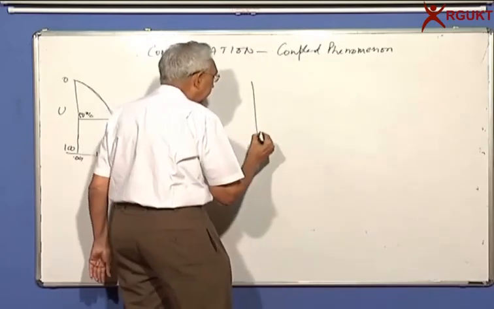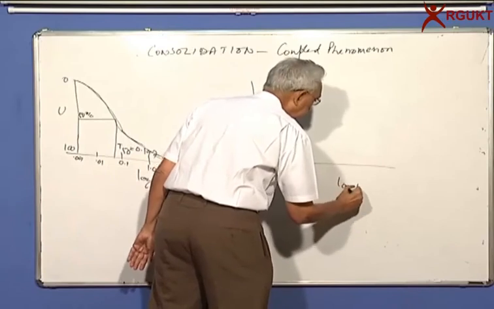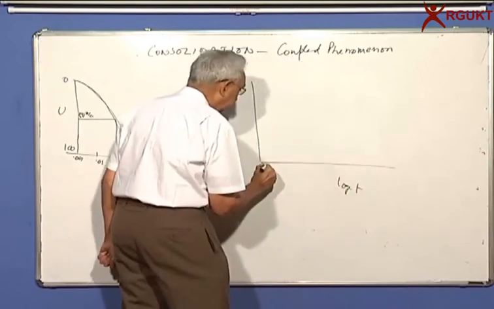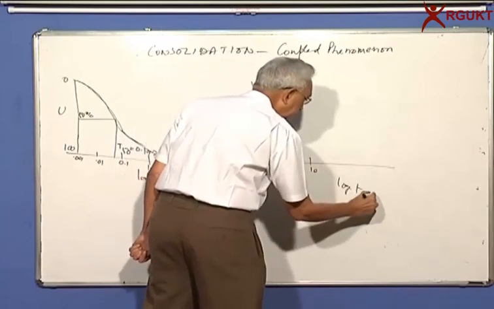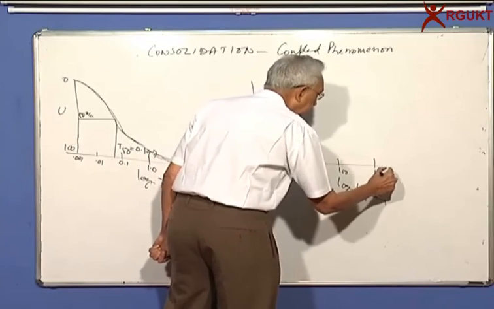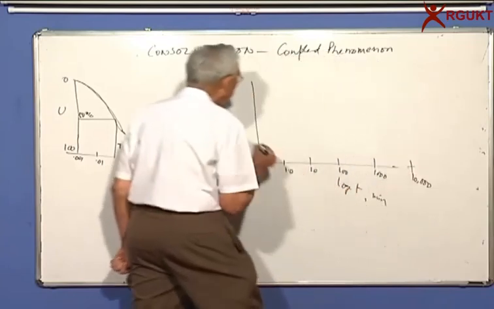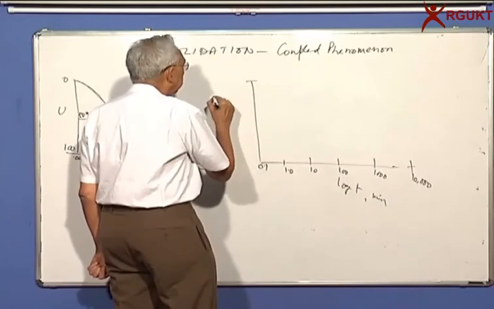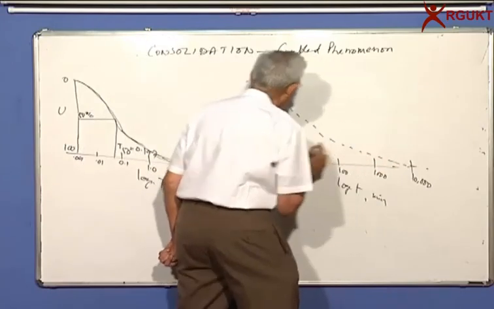I'm plotting here log t, so which means I'm starting with 0.1, 1 minute, 10 minutes, say in minutes, 100 minutes, 1000, and maybe you go up to 10,000 minutes. And I'm plotting the settlement. It will start somewhere here, keeps going like that.